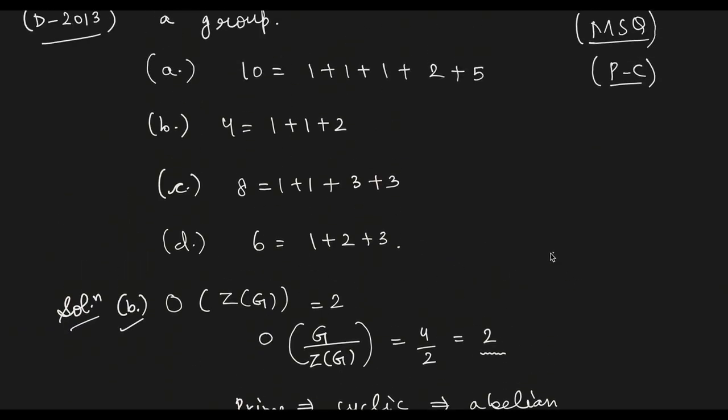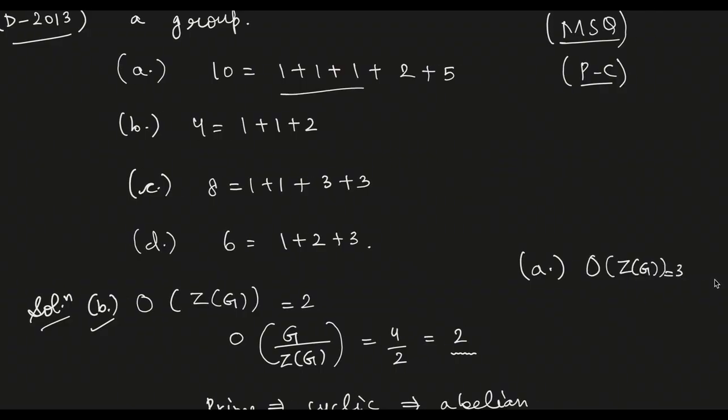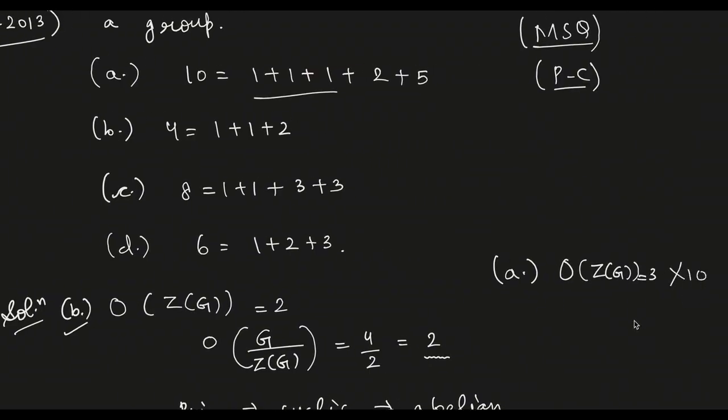And in the A part, order of center is 3. 10 does not divide 3. So A is also correct. In the C part also, 3 does not divide 8. And what about D? D we have just done, the 6 of S3.